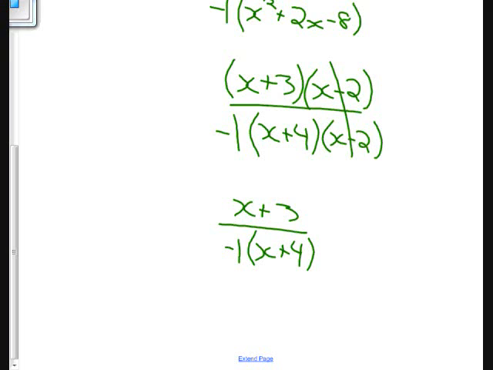What about restrictions? What do we have for restrictions? 4, yep. Anything else? Positive 2, right?